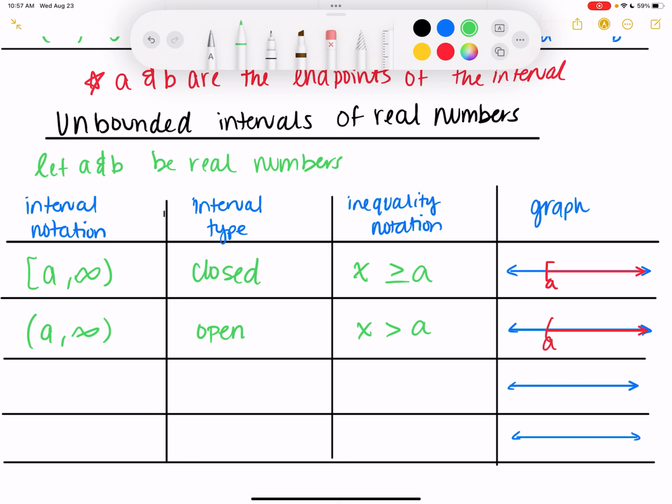Next one, we now have negative infinity to b on the closed interval. So this one is also closed. X is less than or equal to b. So at b, we have a bracket that's opening in the negative infinity direction.